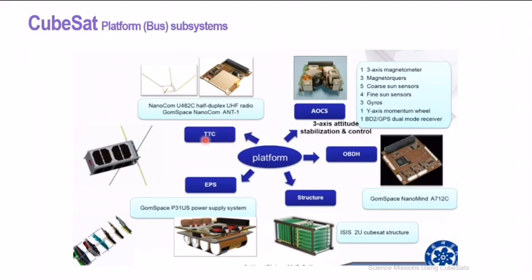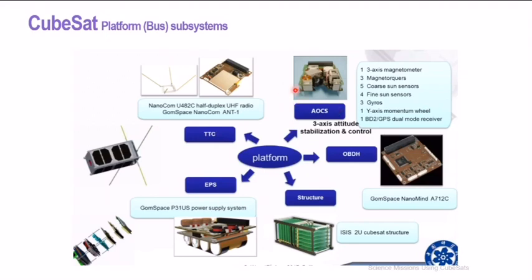Then you need to have this type of communication subsystem. It means that this particular subsystem provides you access to space and also from space to ground. So both the ground to space link and the space to ground link. So this subsystem is typically classified as TT&C, or telemetry, telecommand, communication subsystem.